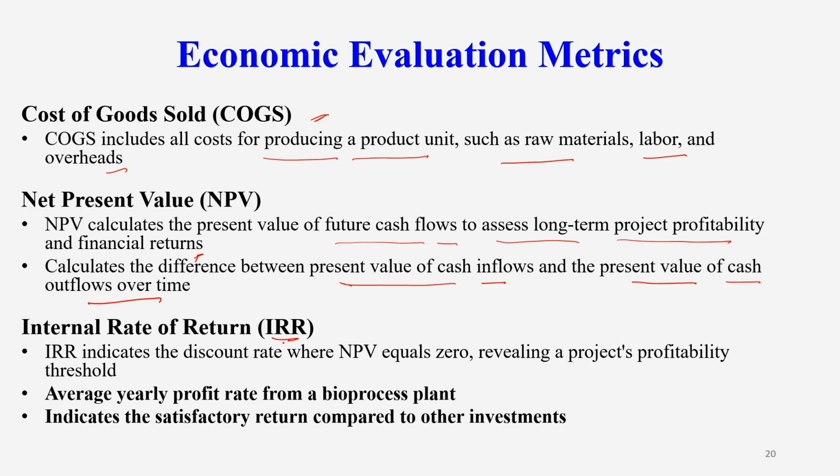Next term is internal rate of return. Internal rate of return indicates the discount rate where NPV equals 0, revealing the project's profitability threshold. In other words, it is the average yearly profit rate from the bioprocess plant that indicates a satisfactory return compared to other investments, because at the end the profit should be made from a business or investment.